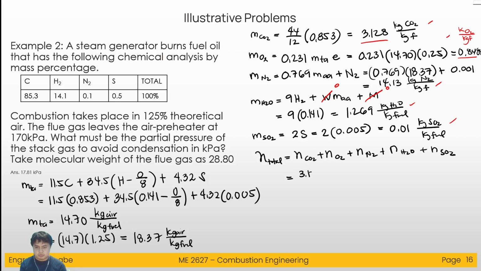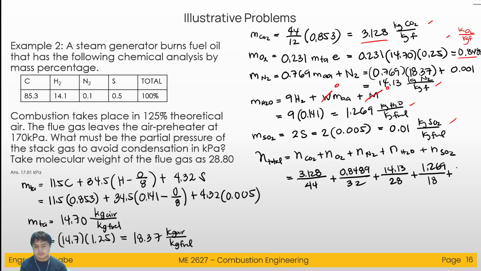So this will be 3.128. So the molecular weight of CO2 is 44, plus oxygen. So oxygen is 0.8489 over 32, plus 14.13, and then this will be 28, so 14 times 2, plus H2O: 1.269 over, so 2 plus 16, so this will be 18.